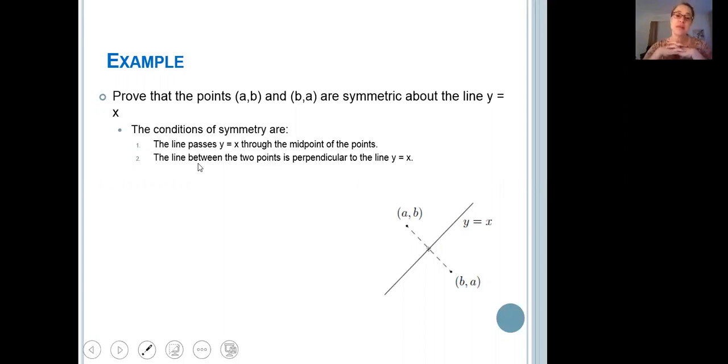Someone has told me that two points are symmetrical about the points x equals y, if their x and y coordinates are reversed. That's what this says. This says prove that the points (a, b) and (b, a) are symmetrical about the line y equals x. Okay, so how are we going to go about doing this?